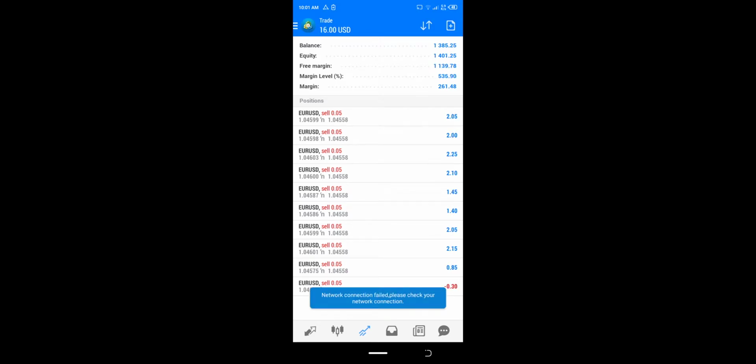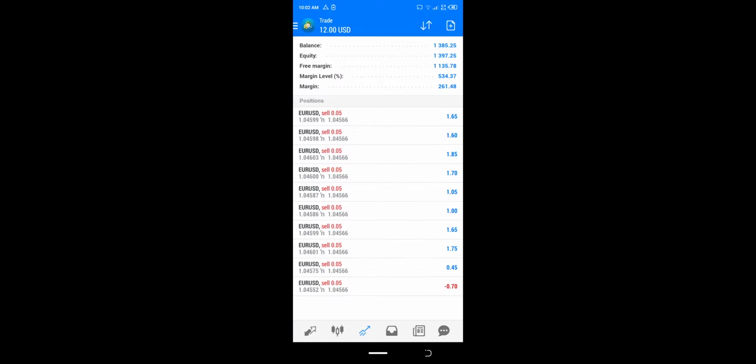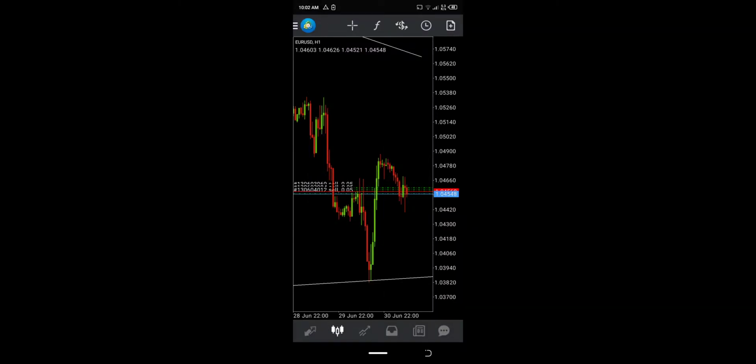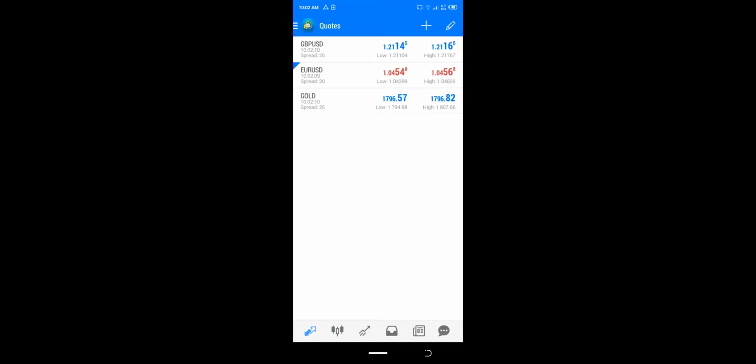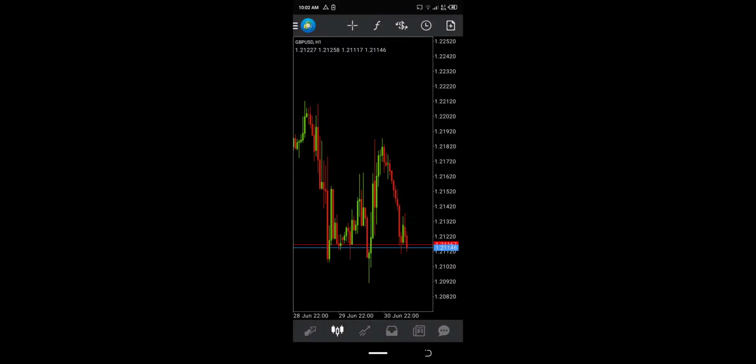So we'll see how the trade goes. Maybe I'll go for GBP USD also, or I stick to Euro USD. Stay tuned, guys. Let me open the GBP USD.